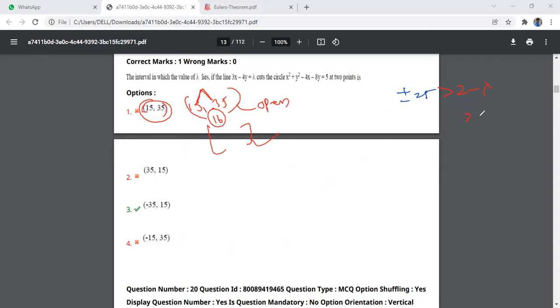So 2 minus 16 is valid, because here with plus or minus 25 I'm taking plus 25. Up to here this is valid. But if you take 34, what will it be? 34 also is correct.